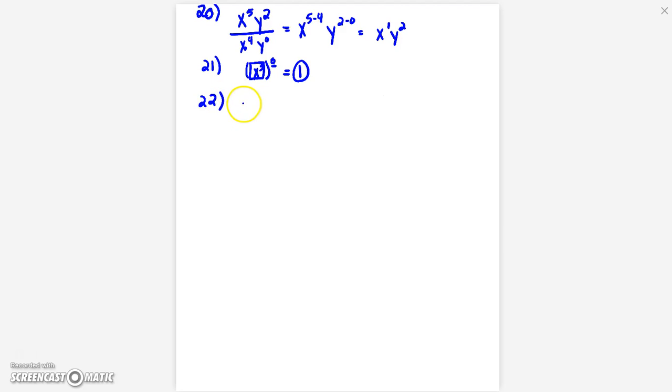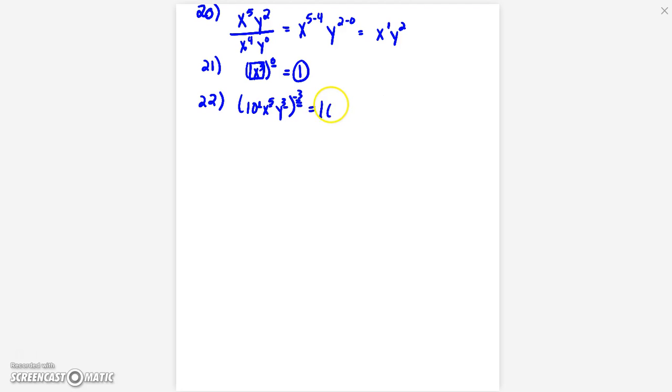22. 10x to the 5th y cubed, all to the negative 3. Just take it one at a time. Don't forget that 10 also has an exponent. It's 1. So I need to multiply this 1 times negative 3, then the 5 times negative 3, then this 3 times negative 3.